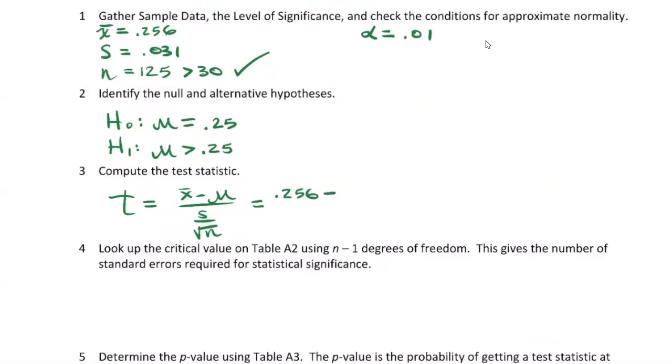All right, our x bar was 0.256, minus the population mean, that's 0.25, at least we're assuming it is, over standard error, which is s, 0.031, divided by the square root of n, that's the square root of 125. Okay, so go ahead and run that computation. Let's see if we can agree on it.